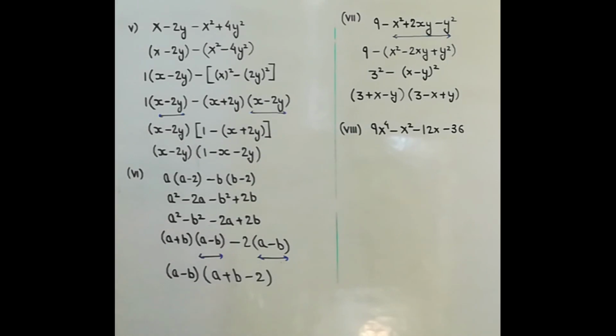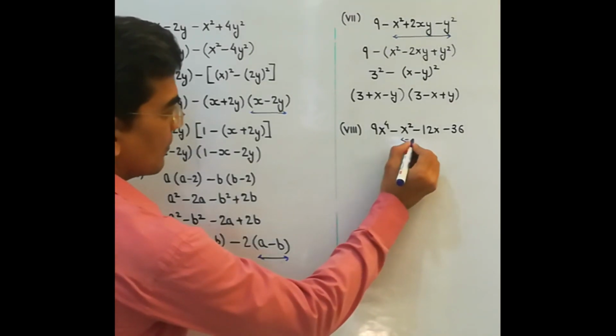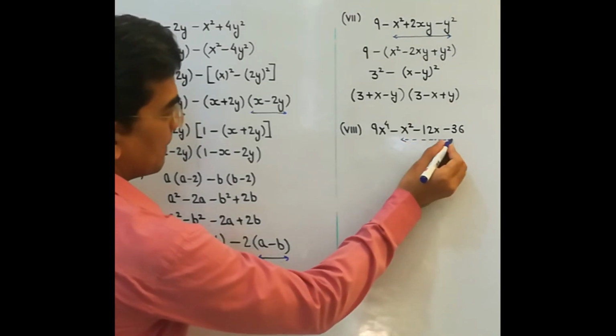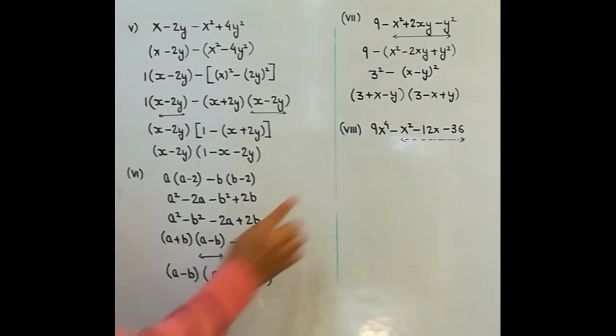Now in this question also, if you see the last three terms, if taken in one group, they will give us a whole square formula. Last three terms. So let's take, because the first term can be written as a square.